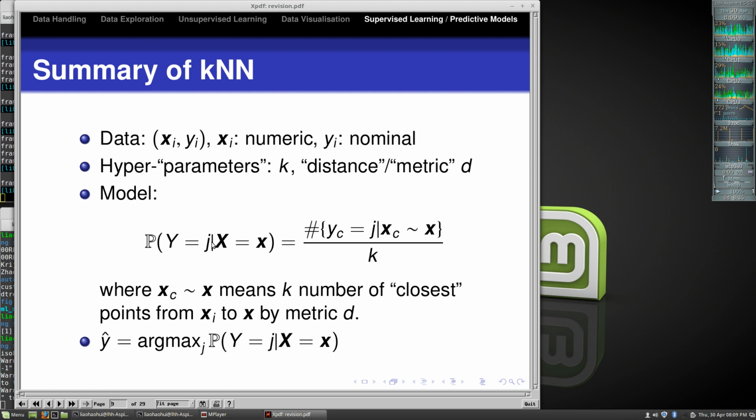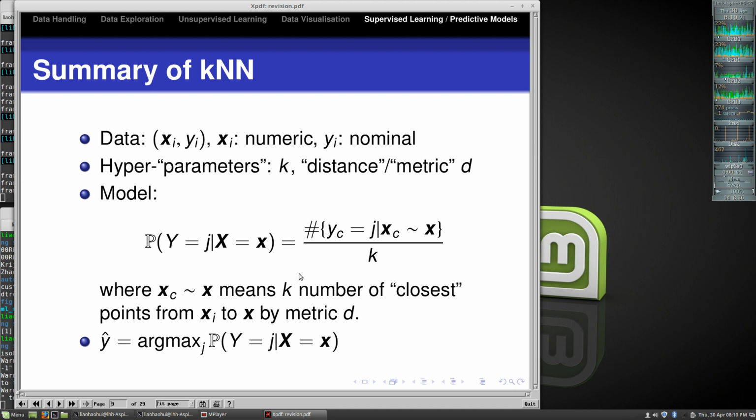So the model is just, if we give it a new data X, the X will be put into the model to compare with the training data, and the K closest neighbors will be found, and the class corresponding to the nearest k neighbors will be determined.